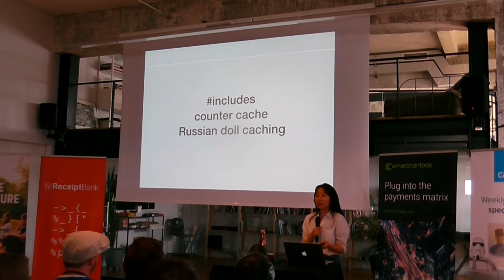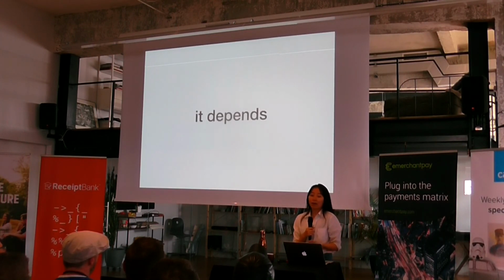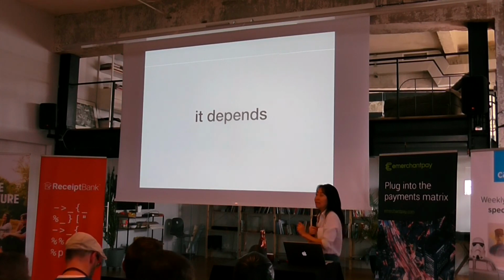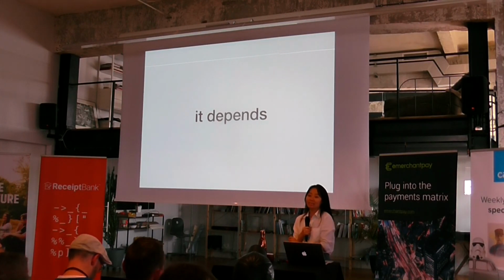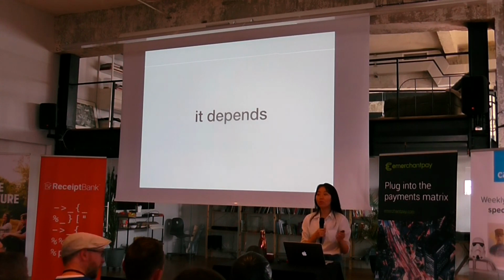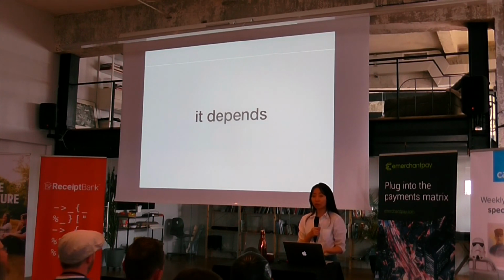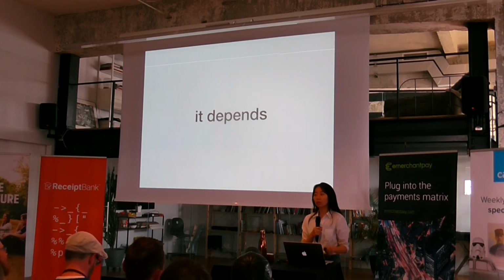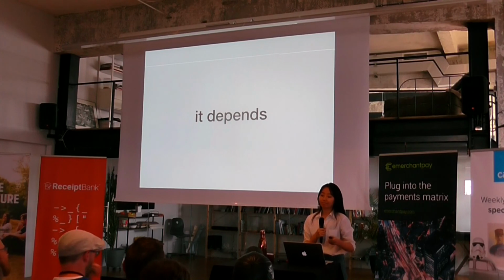And if you take nothing else away from this talk, I hope what you remember is that the answer is almost always it depends. There is never one right solution. Especially around performance issues, you always want to rely on your profiling and benchmarking tools, and that will tell you which of these solutions is going to be best.